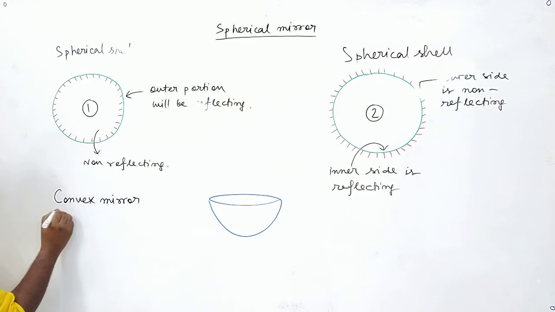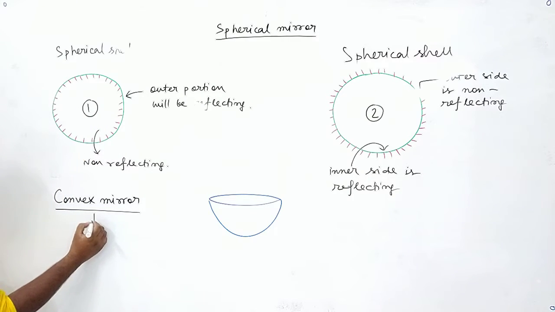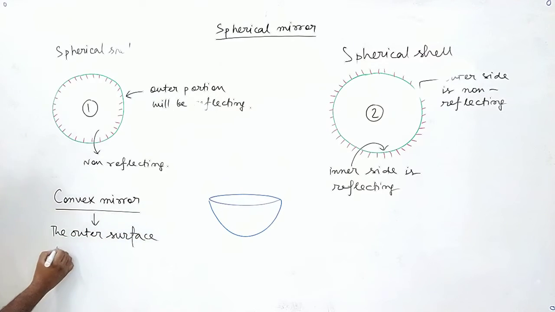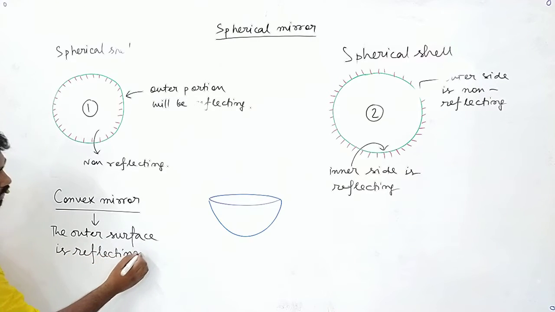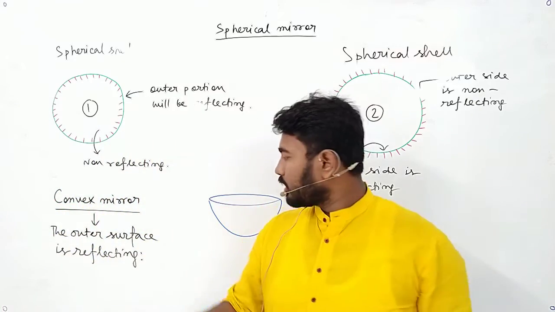So if I get any portion out of this mirror, its outer surface will be reflecting. That means in a convex mirror, the outer surface is reflecting. Is the idea clear?